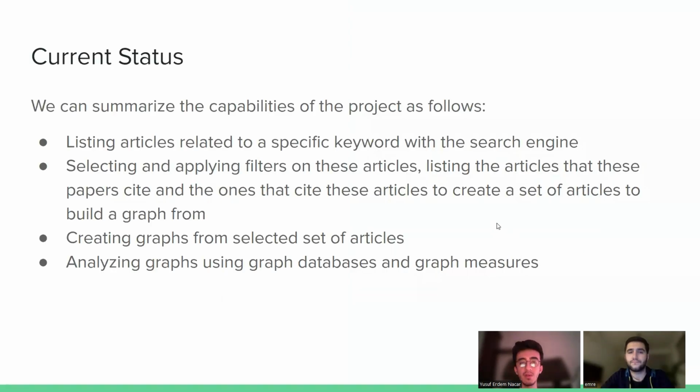Since our aim was to create a tool for social network analysis on research graphs, the tool itself is actually our result. We created a tool that allows the users to list articles related to a specific keyword, select and create a set of articles from these search results, enhance and populate these sets of articles using certain actions such as adding all the articles that cite these articles, create graphs from these selected sets of articles, and analyze these graphs using graph theory.